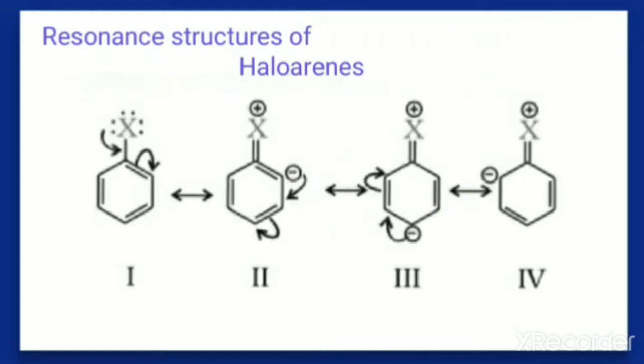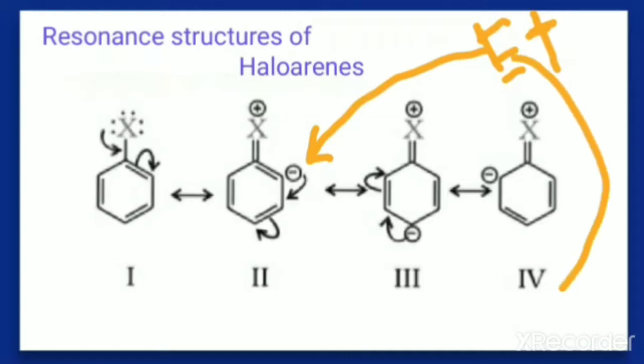Therefore, whenever the electrophile E positive approaches, it attacks only the part where the electron density is greater, either the ortho position or the para position. That's why we can say that electrophilic substitution takes place at the ortho and para positions.